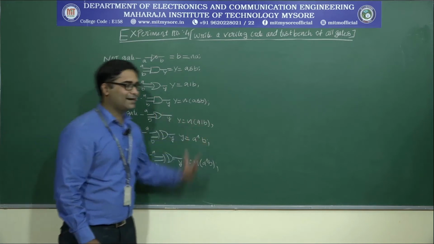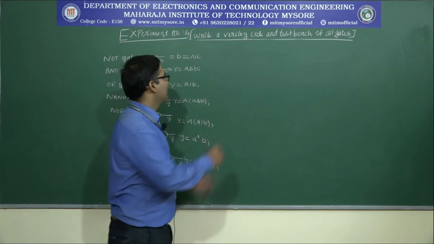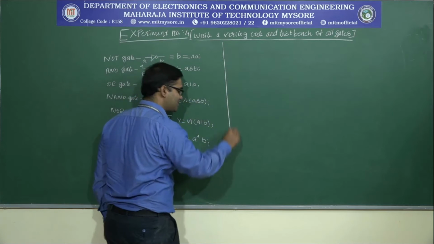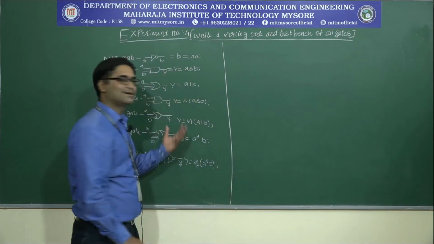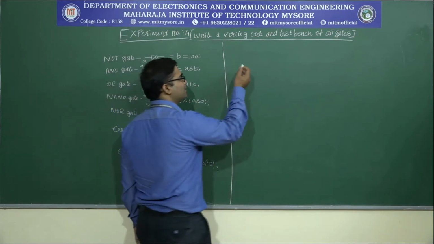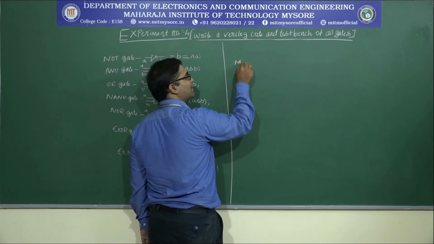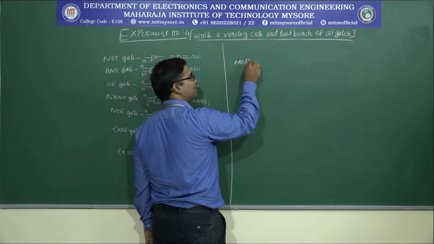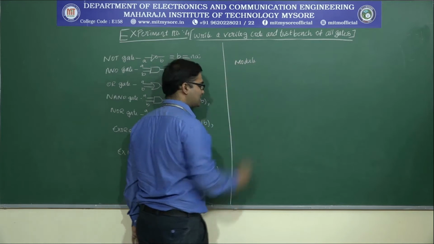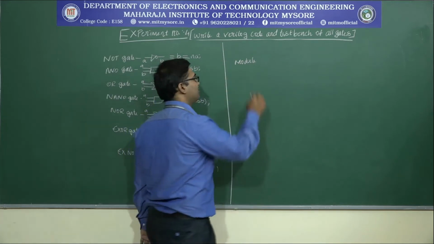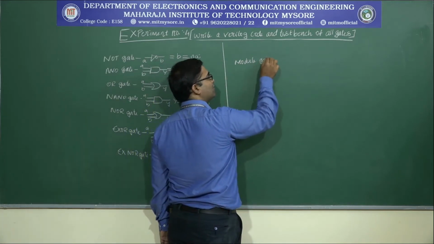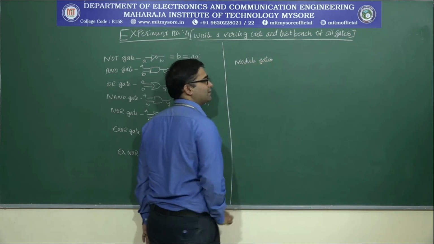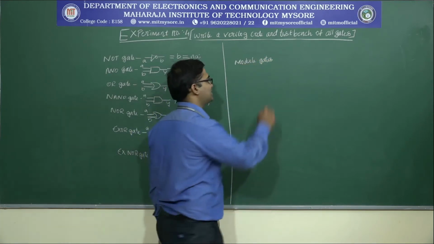So we will write a Verilog code for these particular digital logic symbols, and we know that to start with a particular Verilog code, we need to start with the module name. Let us define the module name as gates with the ports list.